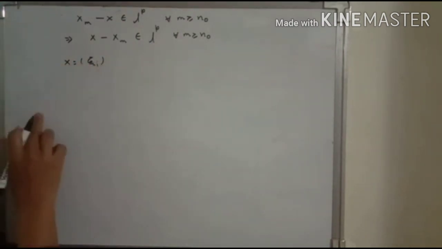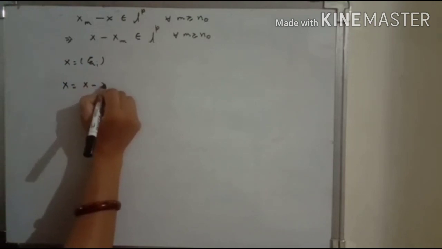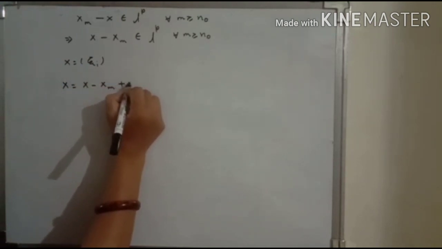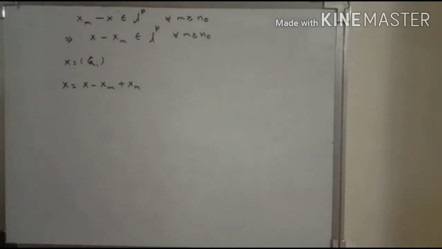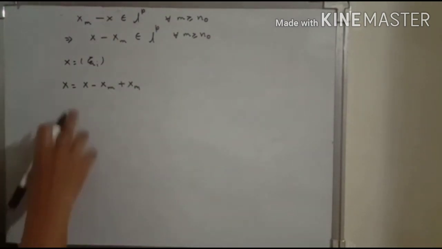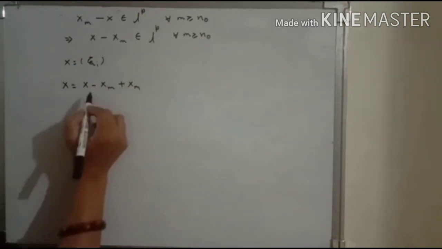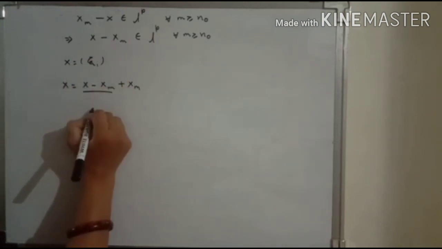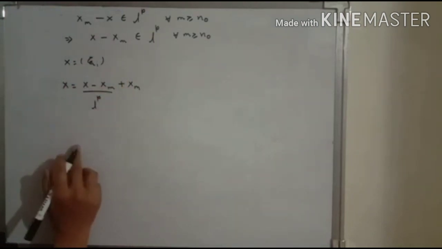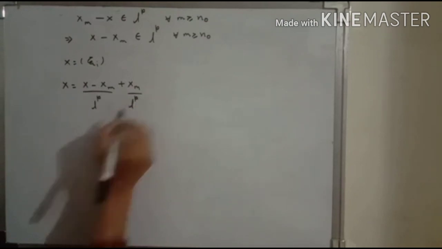We write down this x in the form x equals x minus xm plus xm, where m is greater than or equals to n naught. Now here x minus xm, as we proved, is an element of LP. We know that xm is also an element of LP.